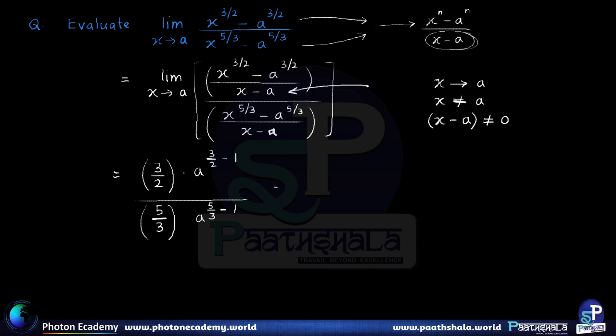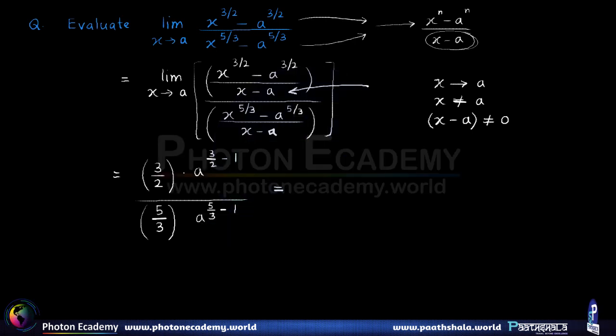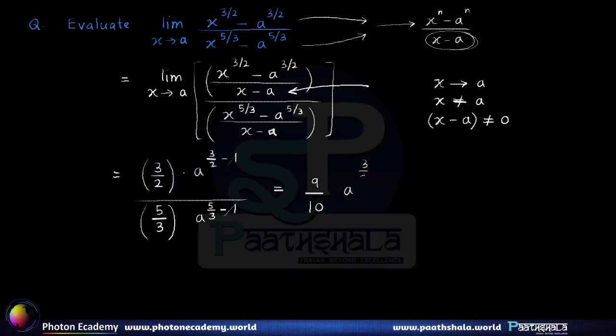So that gives us 3 by 2 upon 5 by 3, that will become 9 by 10, right? And here in a, the minus 1 will get cancelled. Here you will have 3 by 2 minus 5 by 3. So the powers of a will get subtracted.